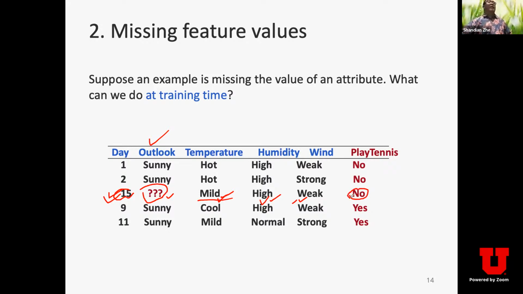The label is no, meaning I believe the outlook value should be consistent with negative examples. So just look at all the negative examples, see which outlook value appears most frequently, and complete my outlook value with that value. Does it make sense?